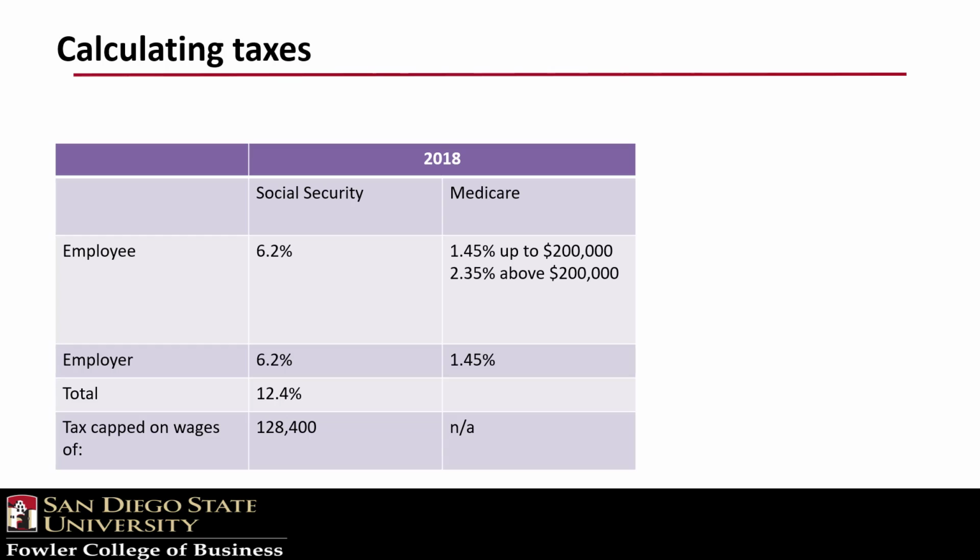And then it's actually 2.35%. That's that additional 0.9% under Obamacare above $200,000. The employer is a flat 1.45%, irrespective of whether you're above or below the $200,000. And there is no cap on the Medicare portion.